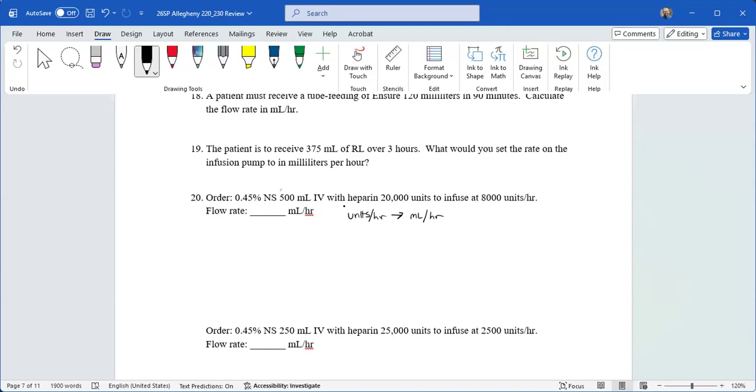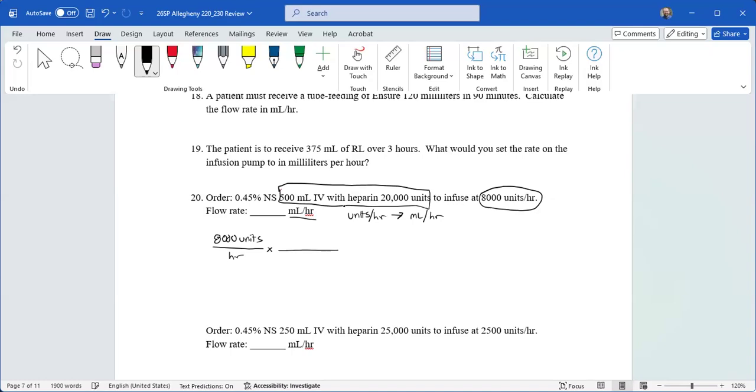So what am I going to do with this? I'm going to take my units per hour, 8,000 units per hour, and convert it to milliliters per hour, using my IV, which contains 500 milliliters and 20,000 units. When I'm setting this up, I take my 8,000 units per hour.